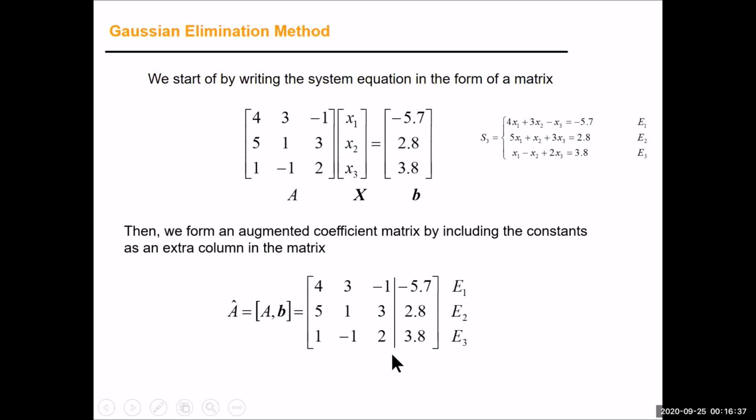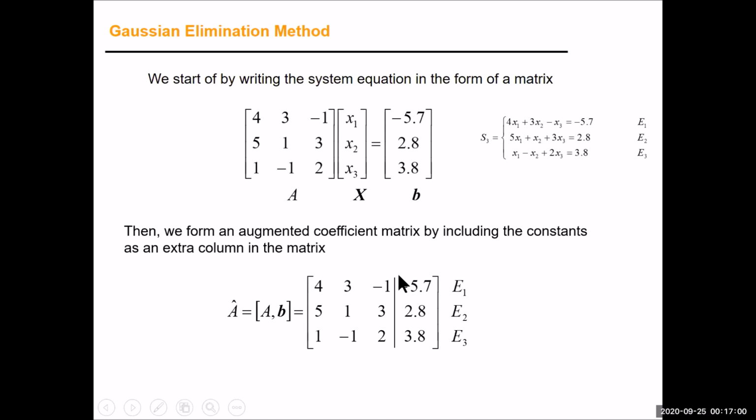There's nothing mathematical about this. On the left-hand side of a line that you draw is simply the A matrix, and on the right-hand side are the constants. The reason is we don't want to keep writing x1, x2, x3 all the time. So this is simply a shorthand. It looks like this, okay?